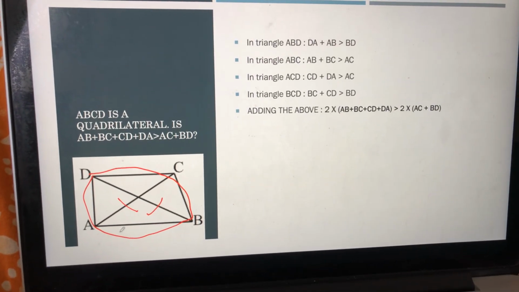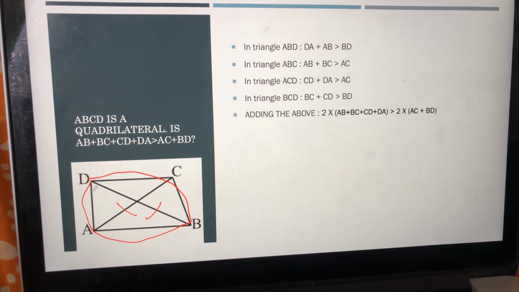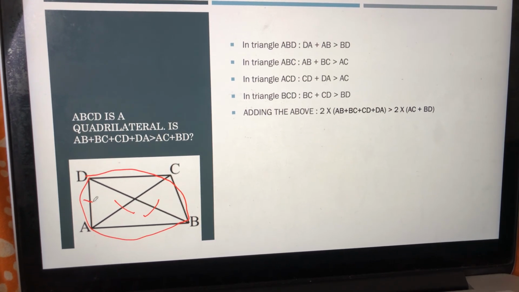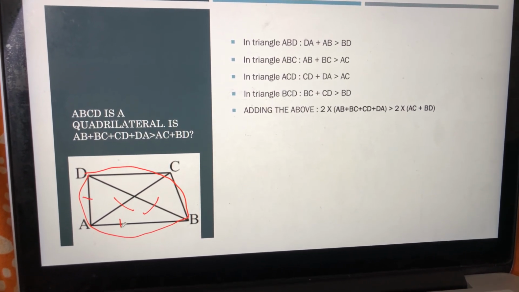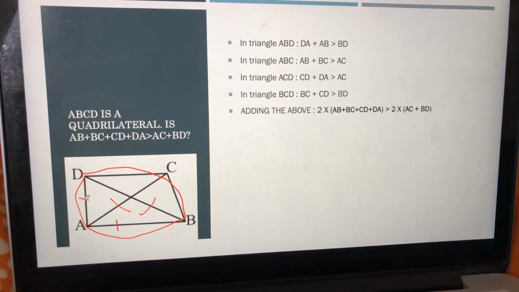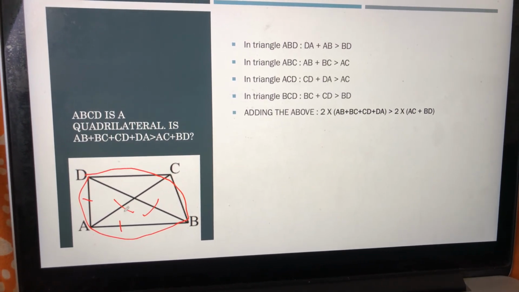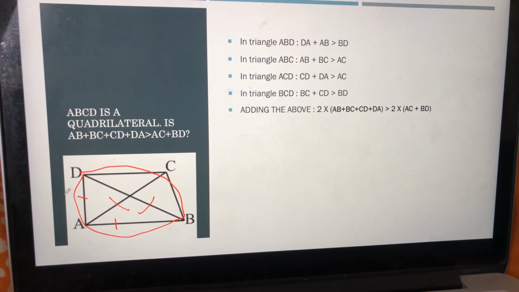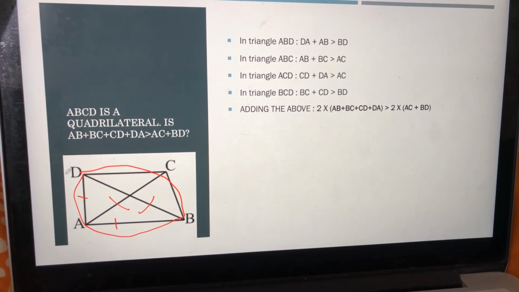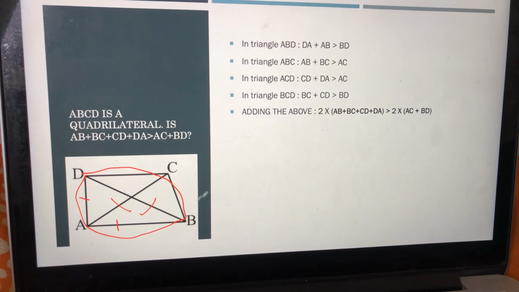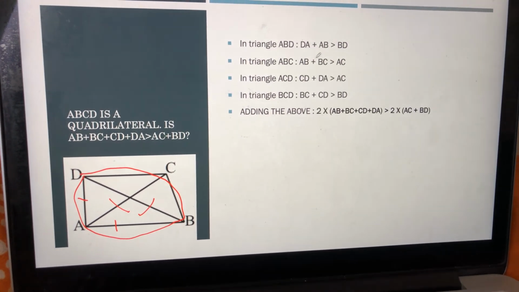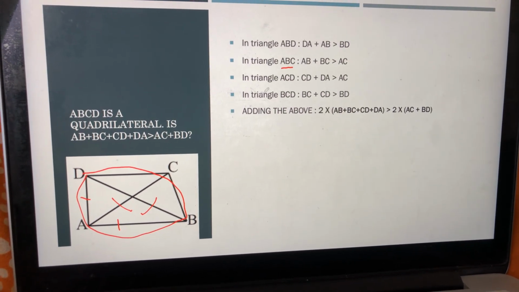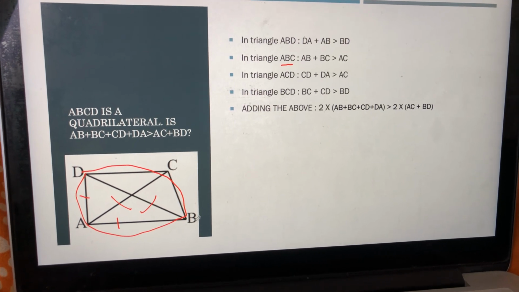So okay, let's move into the problem. Consider triangle ABD. According to the triangle property, the sum of the lengths of two sides must be greater than the third side. So we have to check on BD: AD plus AB must be greater than BD. Then consider triangle ABC.